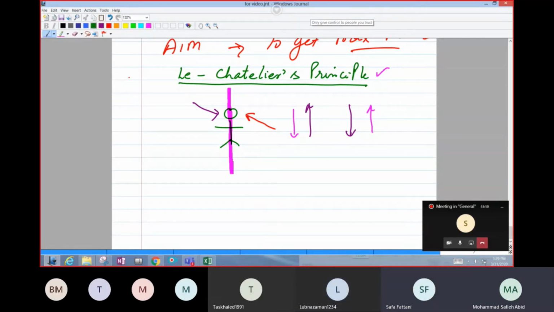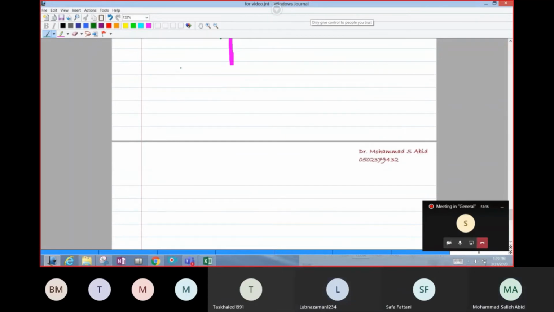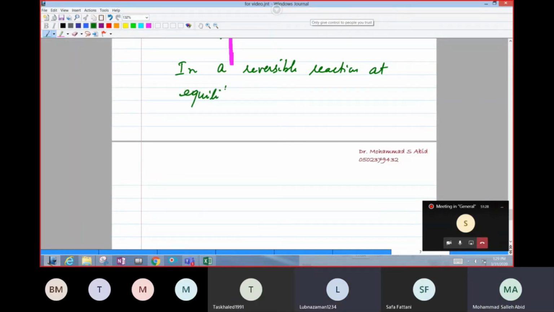So according to Le Chatelier's principle, how will you define it? In a reversible reaction, so the important thing is the reaction needs to be a reversible reaction at equilibrium. So we are talking about a condition when a reversible reaction is at equilibrium.